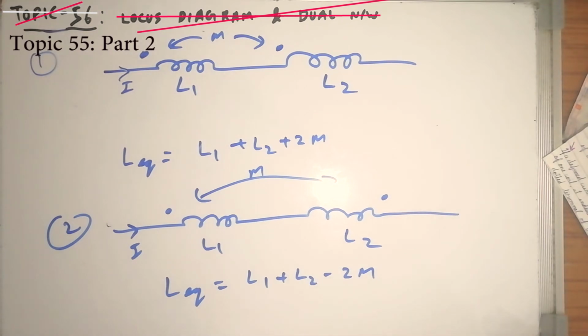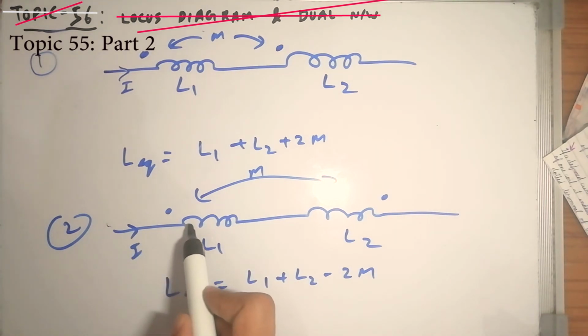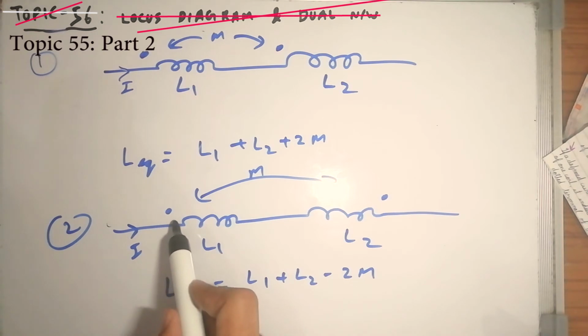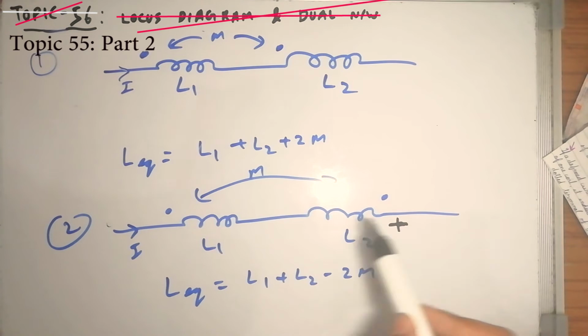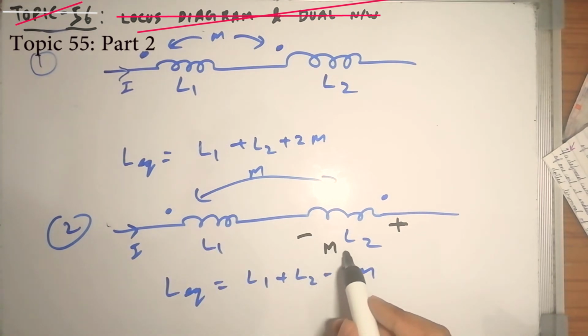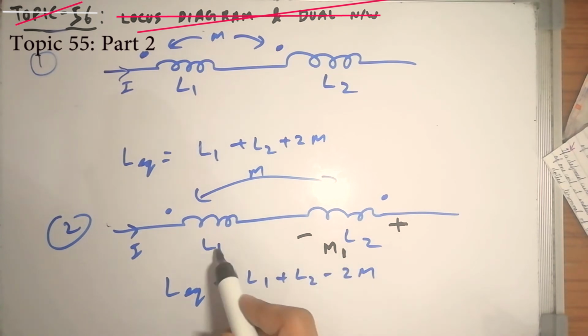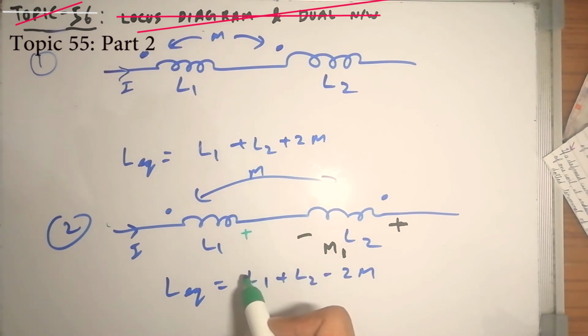Now this was the logic. You can easily see this. I have told you the current entering the dotted terminal will induce the positive polarity in the other coil. So the positive polarity will be here due to this inductor, which is the mutual inductance due to L1. Now here the current is entering the undotted terminal, so it will induce the positive polarity here.